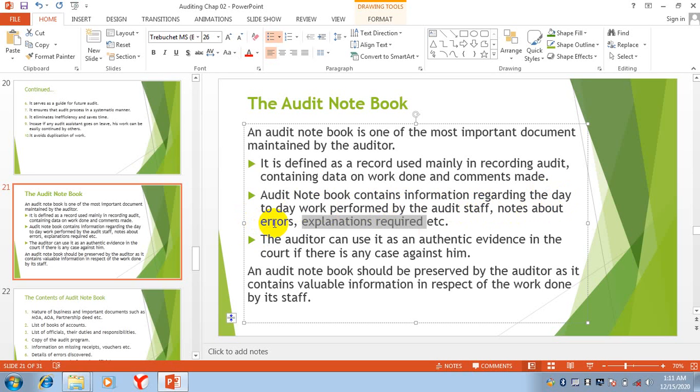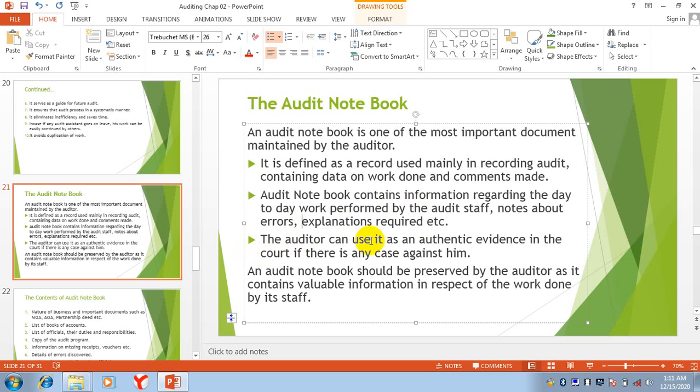Notes about errors: if there are some errors in the accounting system, some mistakes in the accounting information, we record that. And if some explanations are required, we write in the notebook that we will call for explanation from the company members who maintain this accounting information.